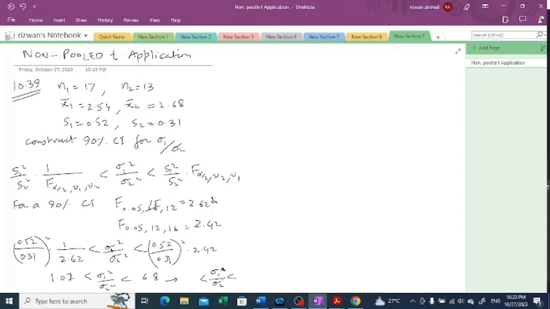So square root of 1.07 is 1.034, and square root of 6.8 is 2.61.